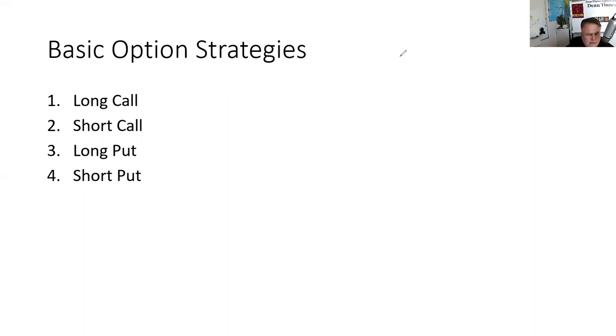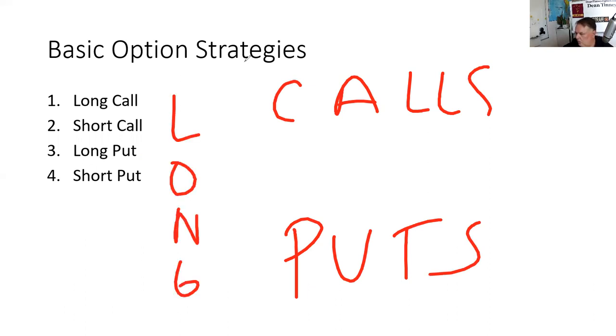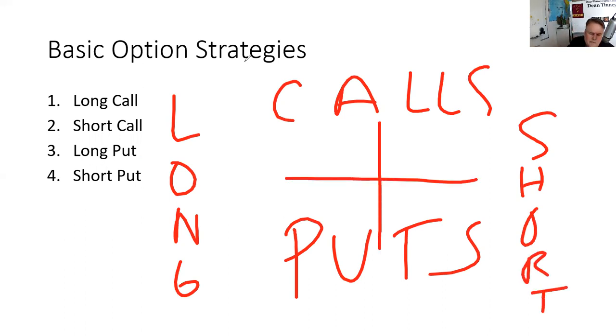So we had developed a matrix. We said, if we have 2 types of contracts, calls and puts, and you can either buy them or sell them, we end up with 4 basic positions, and we developed what we call the options matrix, by way of reminder.